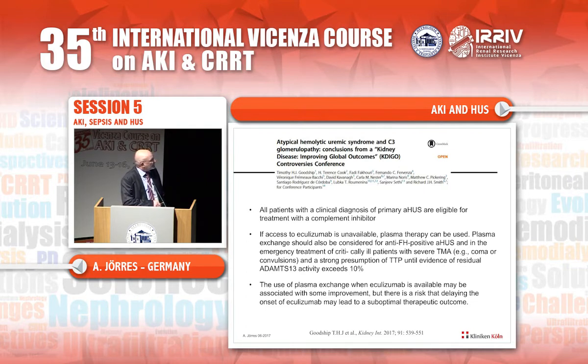And of course, plasma exchange should be considered for anti-factor H positive HUS and in the emergency care of critically ill patients with severe TMA before the distinction between the different forms of TMA has been made. There is a risk that delaying the onset of eculizumab may lead to non-optimal therapeutic outcomes.